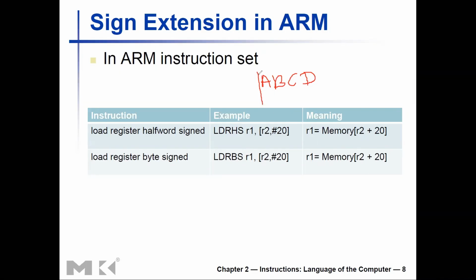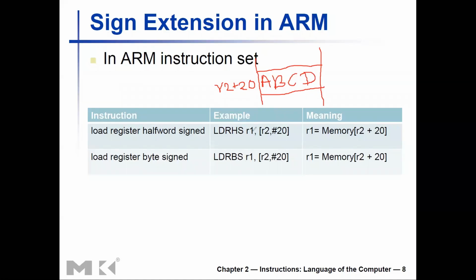Memory could be something like this, and this at this specific memory location. R2 plus 20 location is here, and now you need to get the data stored at this particular location and load it into a register.